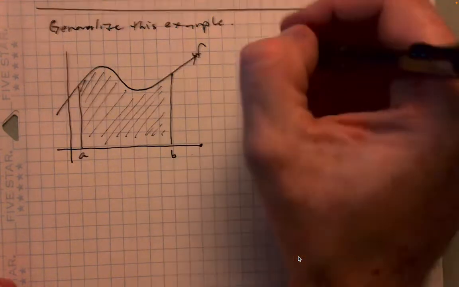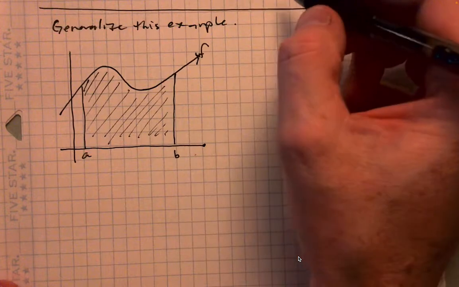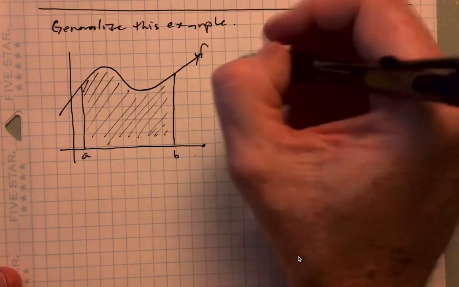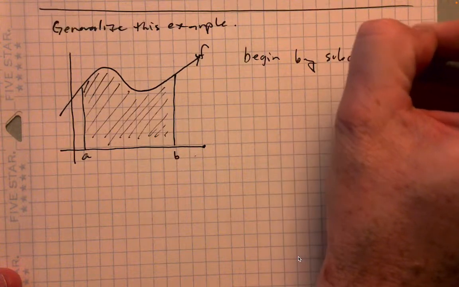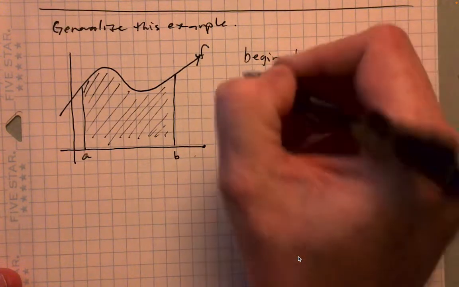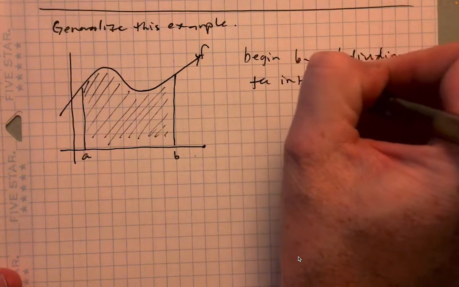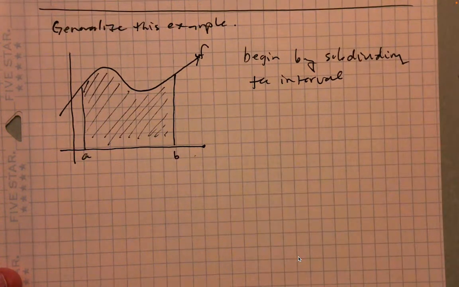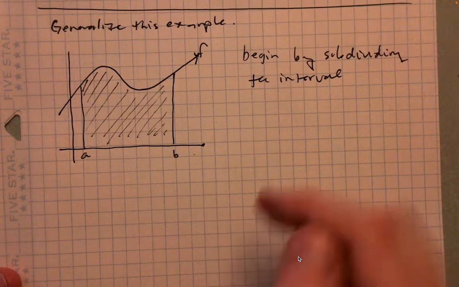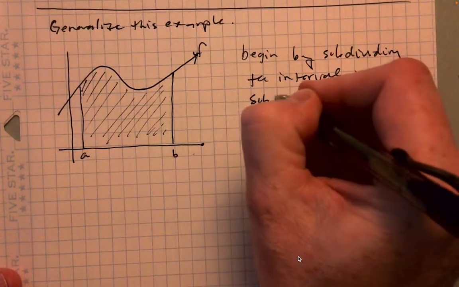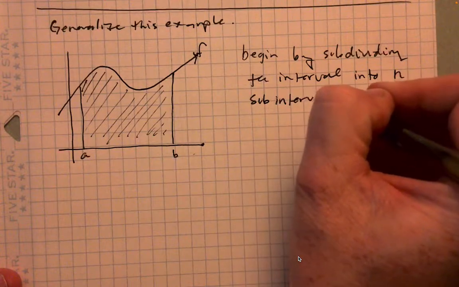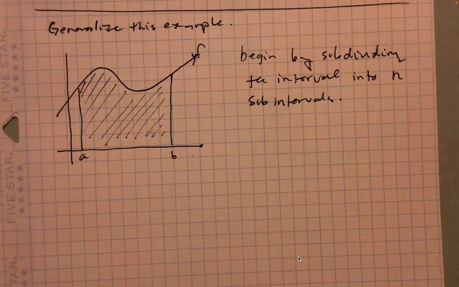We're going to start each time by subdividing the interval into some number of subintervals, and we'll say into n subintervals. It's important that the subintervals have the same width.